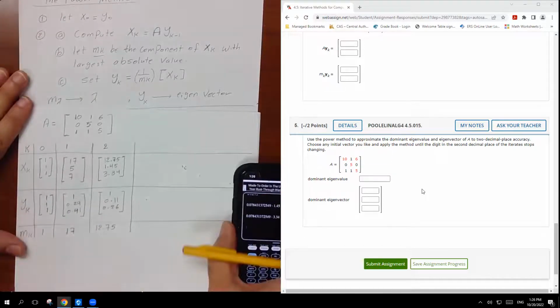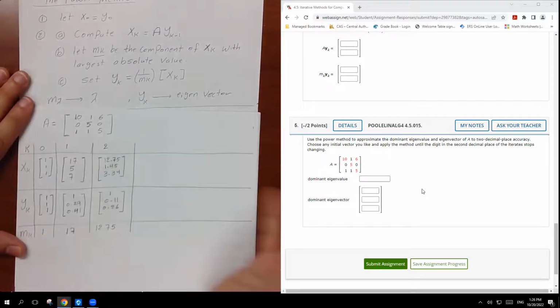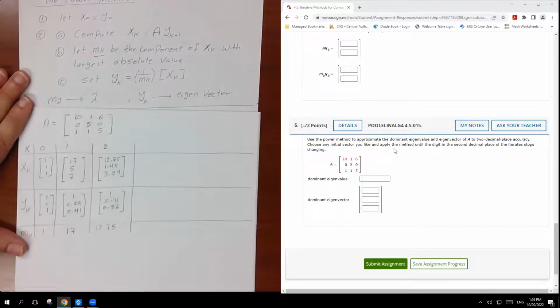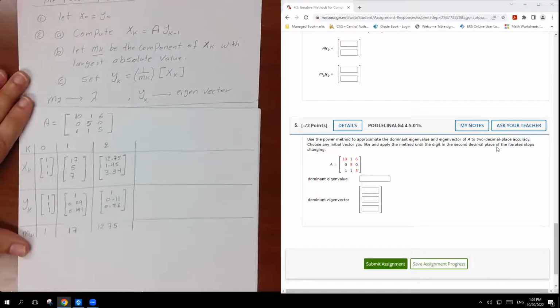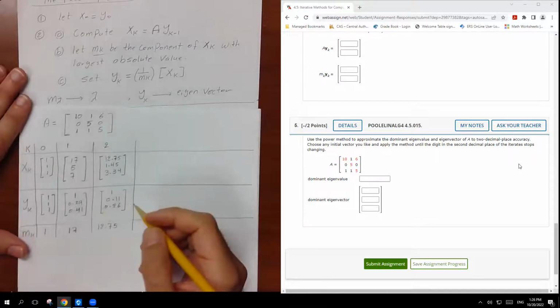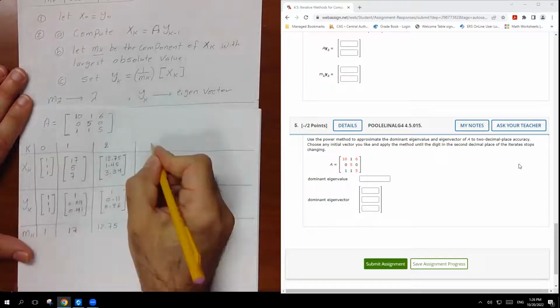Let's keep going, 2 more iterations. We have to apply the method until the digit in the second decimal place of the iteration stops changing. So let's go. We're going to find the new xk at the third iteration.